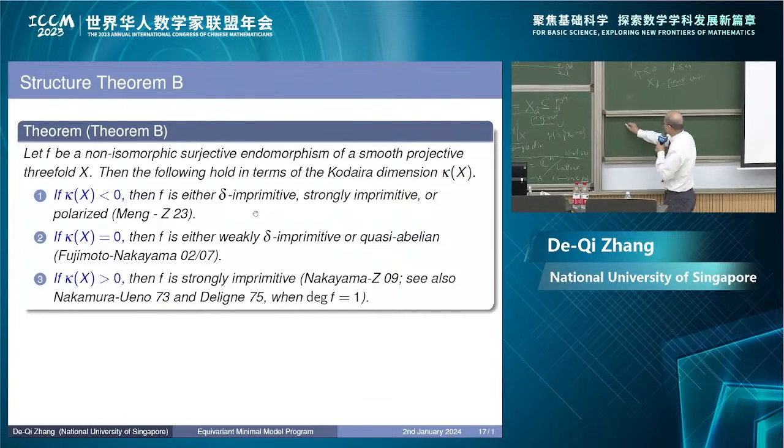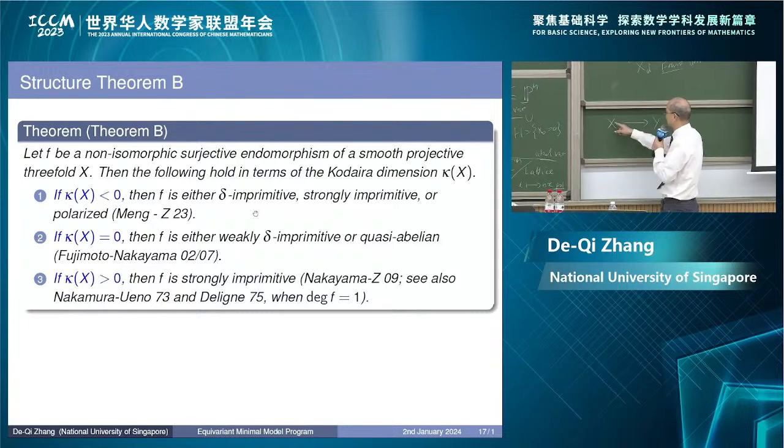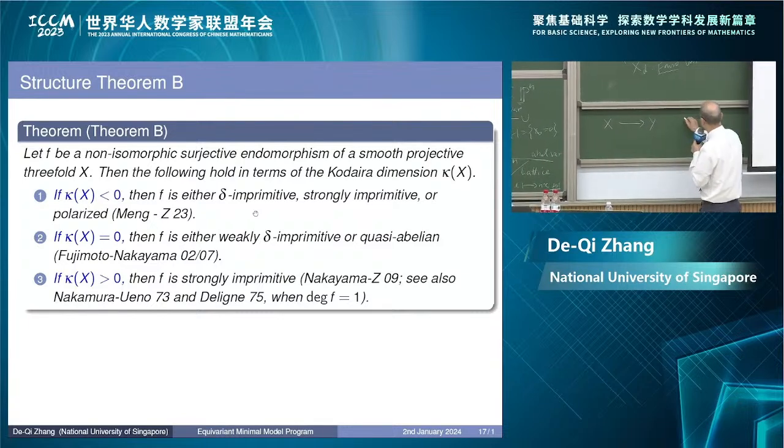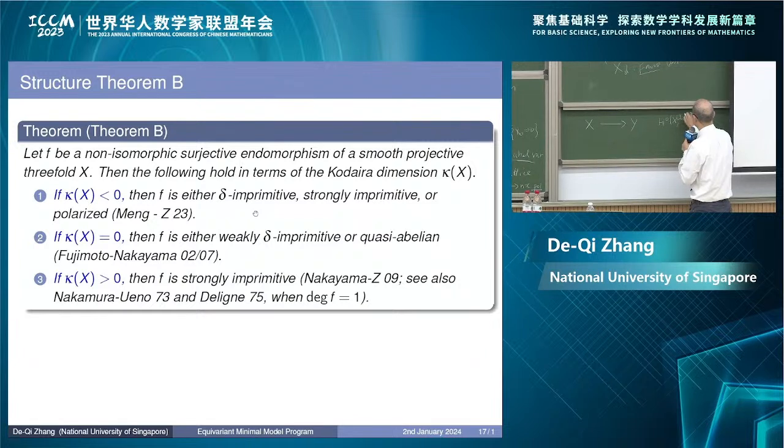So what we do is that given X, you can have an Iitaka fibration to Y. Usually it's a rational map. So you remember that you have H0 of X, mK_X. Take a basis of this, sections s0 to sn.